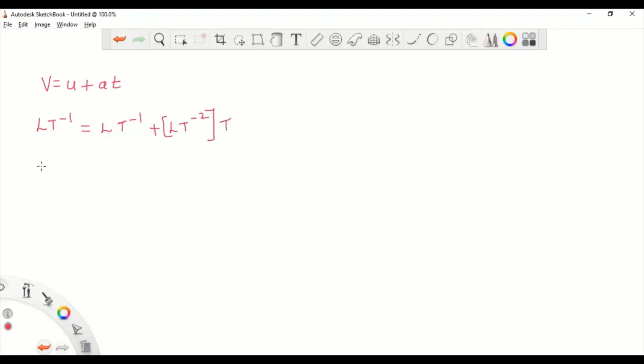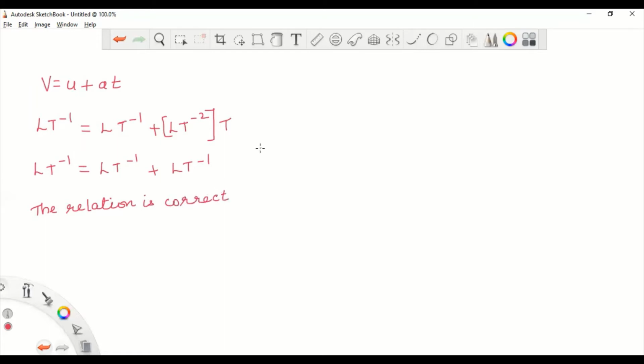So, check LT power minus 1 is equal to LT power minus 1 plus LT power minus 1. So, this equation is dimensionally correct. Okay. So, this is very, very important here, children. Okay. So, the relation is correct. You can also say it is dimensionally correct.